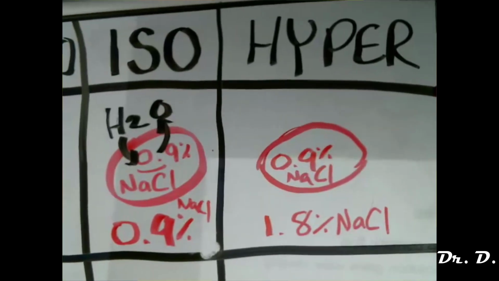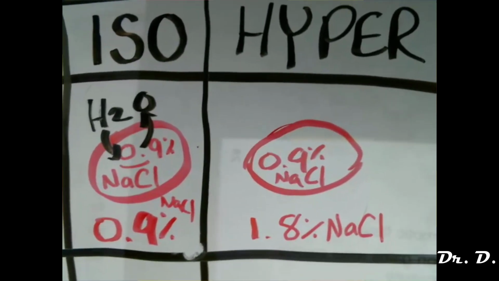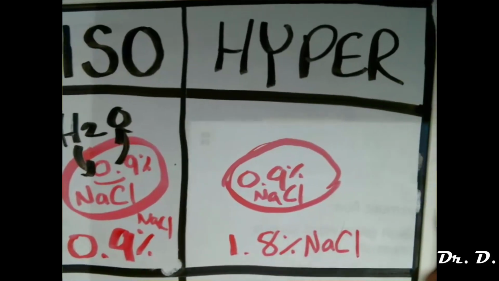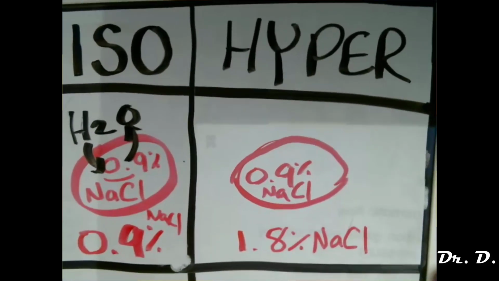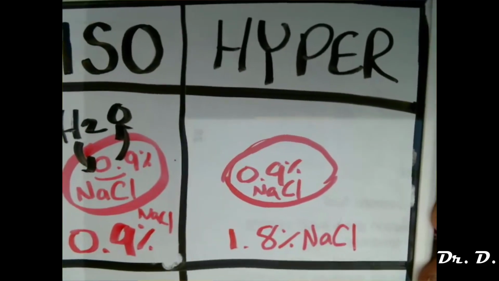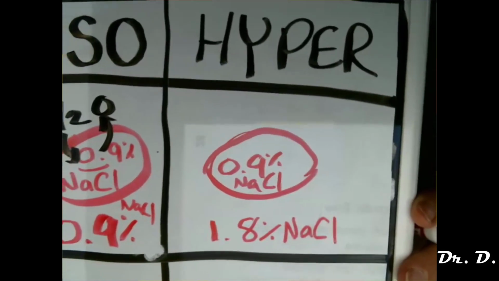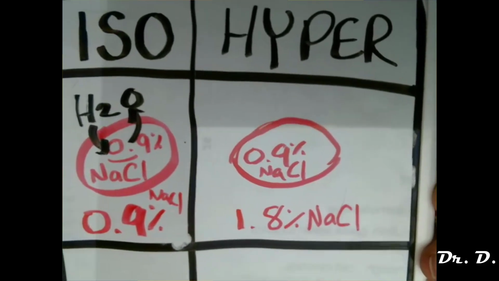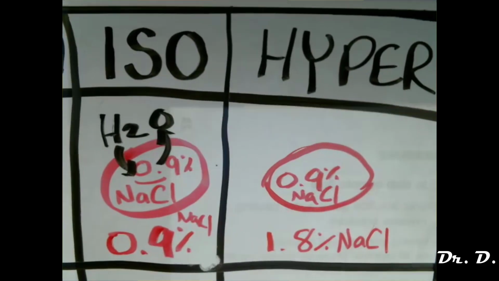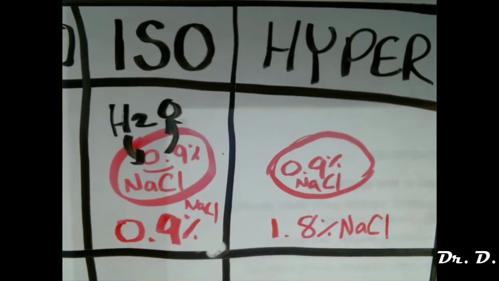Now again, if the salt could cross, which way would the salt go? Into the cell or out of the cell? Into the cell, right? Because if the salt could cross the membrane, it would go from outside where it's higher concentration to inside where it's lower concentration, down its concentration gradient, right?